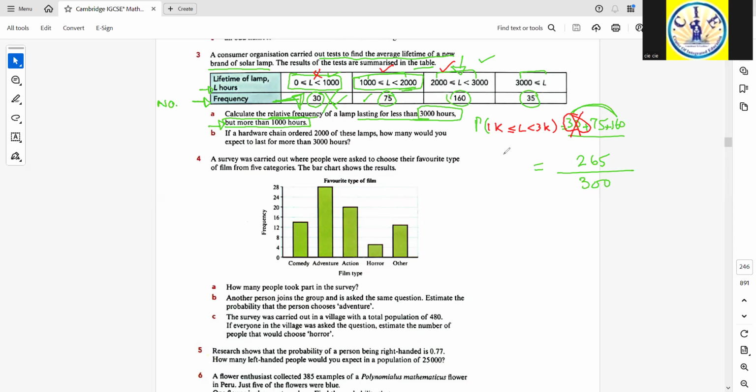So within this range, I need to subtract 30 from this as well. So that would give me 235 divided by 300. So having it all together, 1000 less than or equal to L less than 3000, we need to have their probabilities. So we need to add only these two, 75 plus 160, that is 235. And the total number of lamps was 300. So dividing it by 300, if I simplify it in a decimal, that is going to be 0.783.